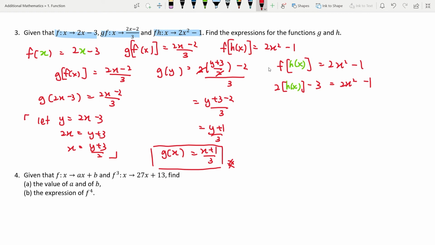Bring the 3 over. Divide both sides by 2. We obtain h(x) is equal to x squared plus 1.